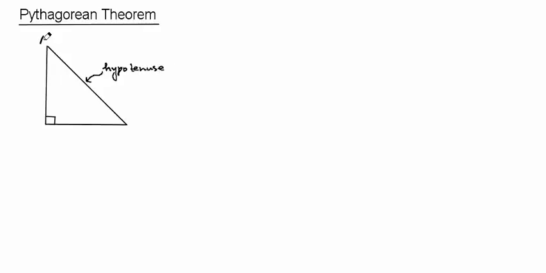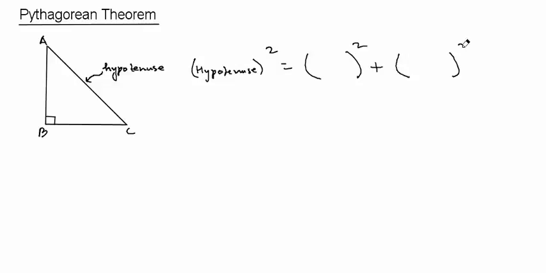Let's name the vertices of the triangle as A, B and C. The Pythagorean theorem tells us that the square of the hypotenuse is equal to the sum of the squares of the other two sides.